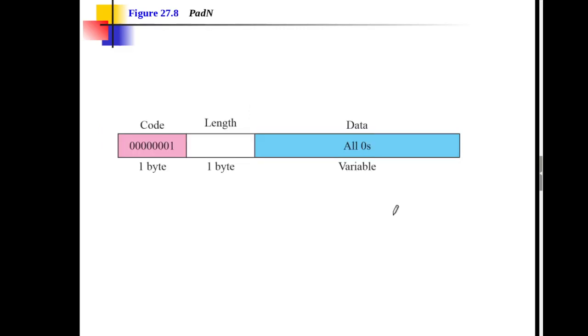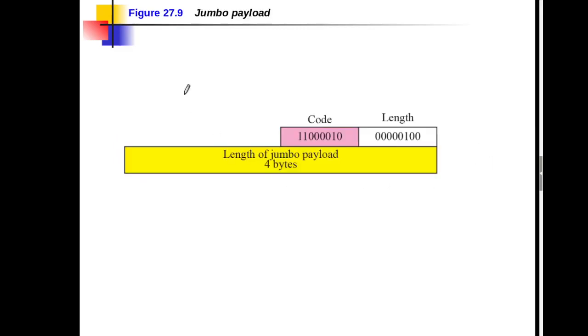If you have 2 or more bytes, the code will be 0001 and you will specify the length and all zeros. Okay. Jumbo payload can also be there, where you specify the code as 00010, then the length, and then whatever the payload is.